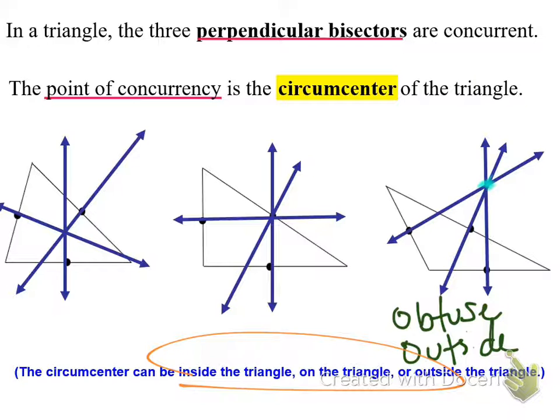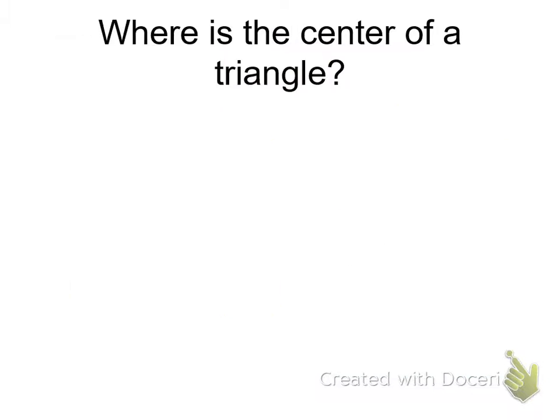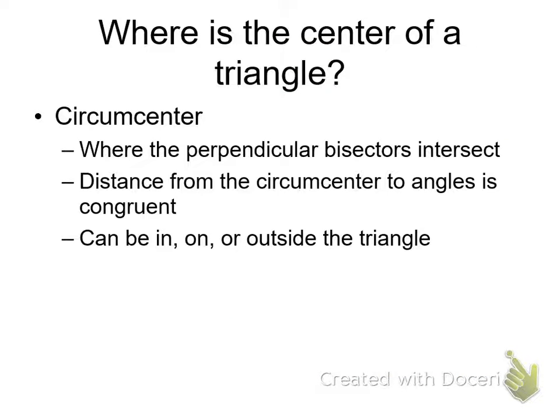Okay. All right. So now, we just talked about the circumcenter. It's where the perpendicular bisectors intersect. The distance from the center to the angles is congruent. It can be in, on, or outside the triangle. Now we're going to talk about an incenter. So we're on the same page.